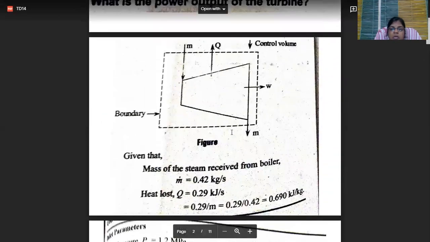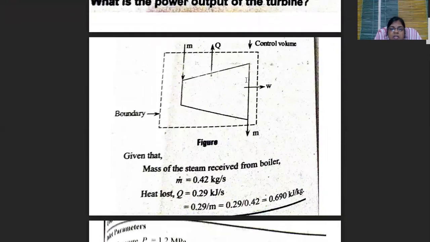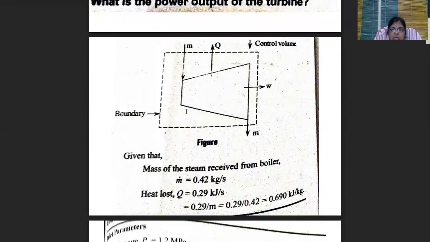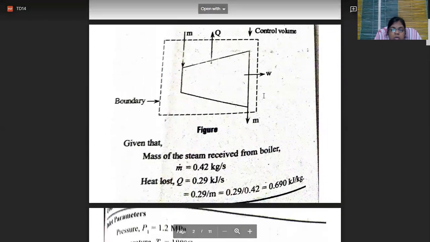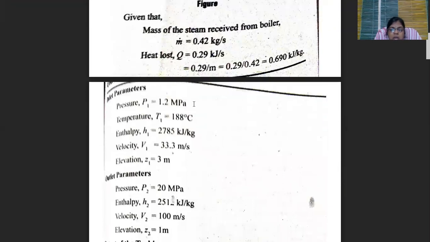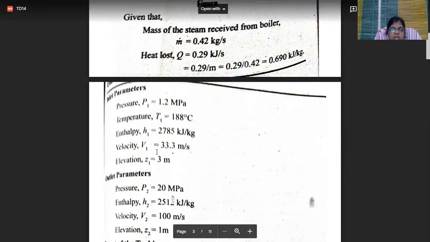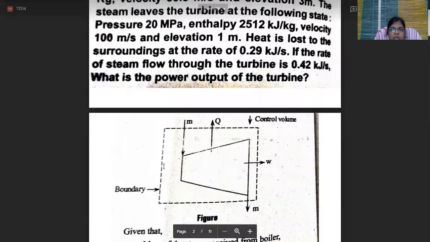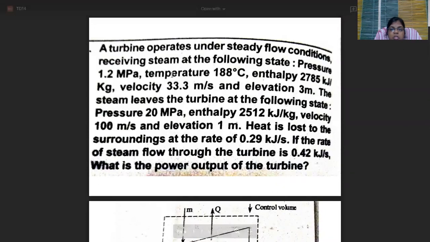This is our turbine, this is the inlet of the turbine and this is the outlet. The inlet values are: pressure P1 1.2 megapascal, temperature T1 188 degrees centigrade, enthalpy H1 2785 kilojoule per kg, velocity 33.3 meter per second, and elevation Z1 is 3 meter.